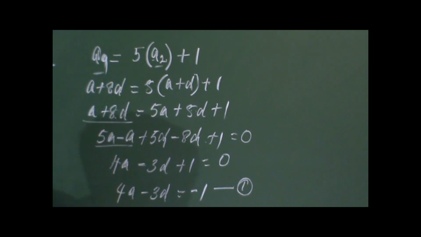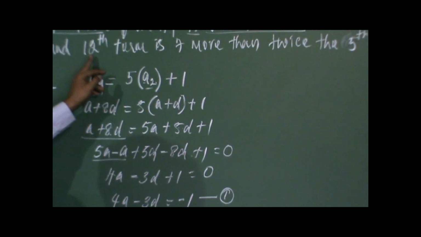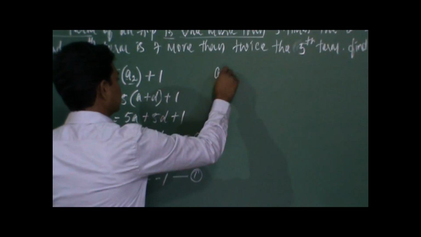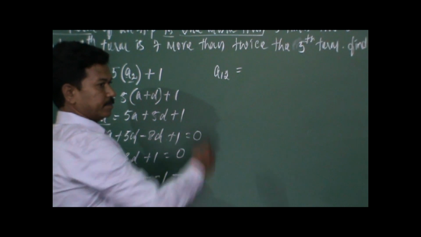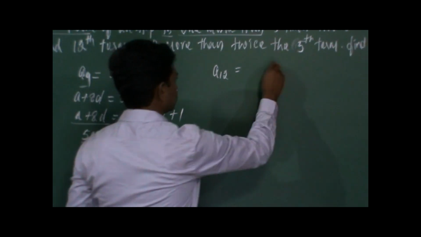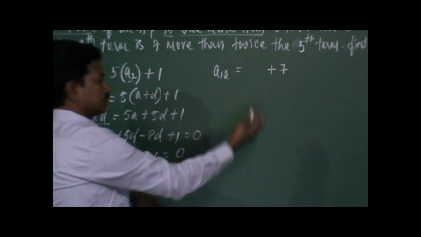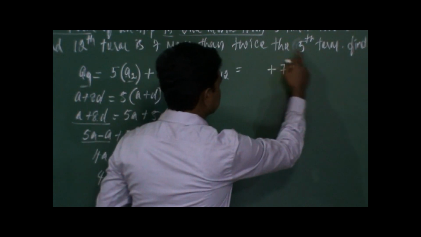So let us go with the second condition now. The 12th term is 7 more than, as I told you in the previous condition, 7 more than what? Read that: 7 more than twice the 5th term.